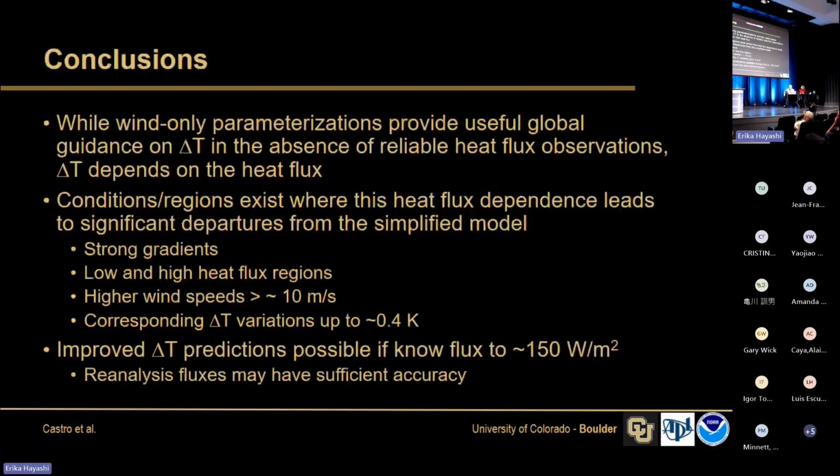So in conclusion, these simplified parameterizations have helped us in the last 25 years with satellite SST validation, but we cannot keep ignoring the fact that the delta T has a strong dependence on heat flux.